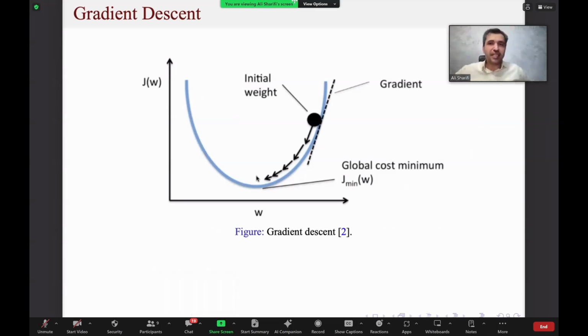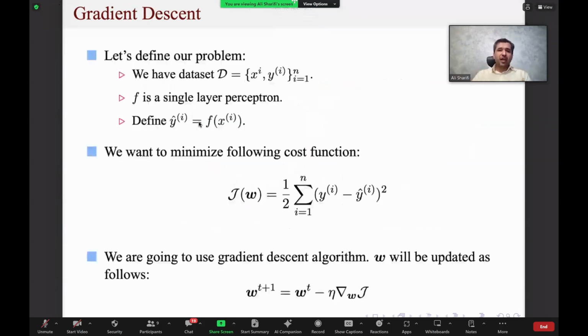So the idea is similar to this. From each position, or from each set of initial values of parameters, and by parameters I mean all weights and bias values, we want to find the gradient there. The next step is to update all of the weights.